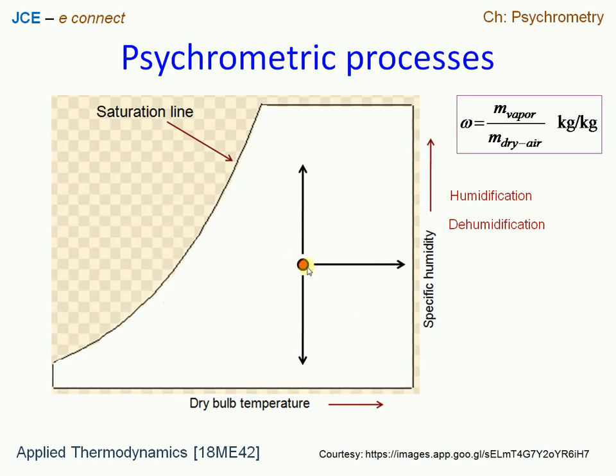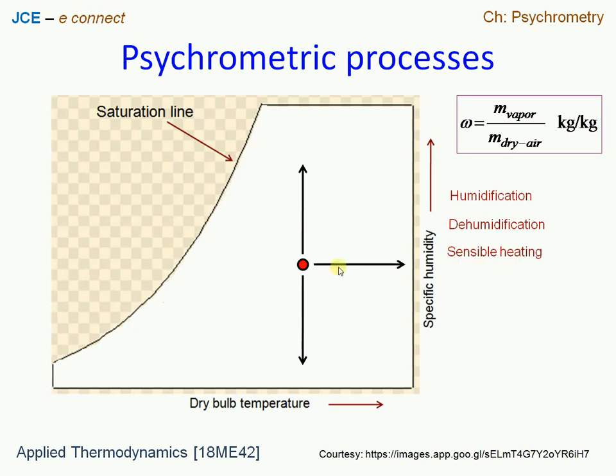Likewise, we have a sample of moist air, and the process is proceeding towards the right end at constant specific humidity value, then this indicates the increase in the dry bulb temperature, which is also called sensible heating as the temperature is increasing.